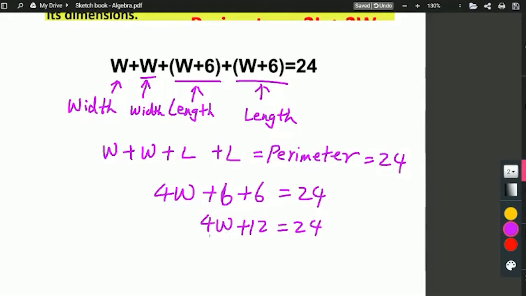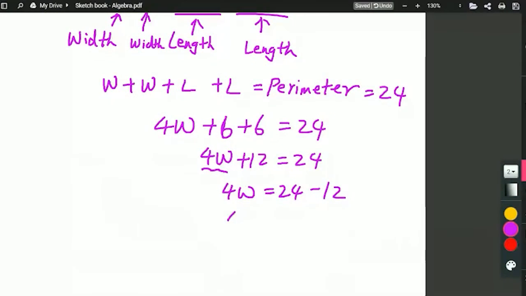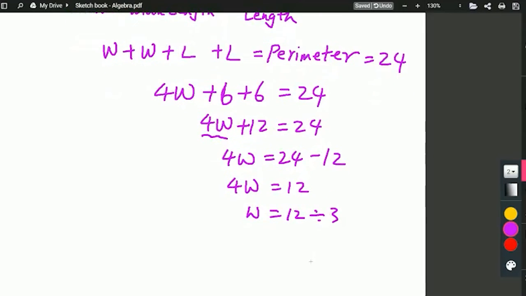So 4W plus 12 is 24. So 4W is equal to 24 subtract 12. Therefore, 4 times the width is 12, and the width is 12 divided by 4. And the width is 3.